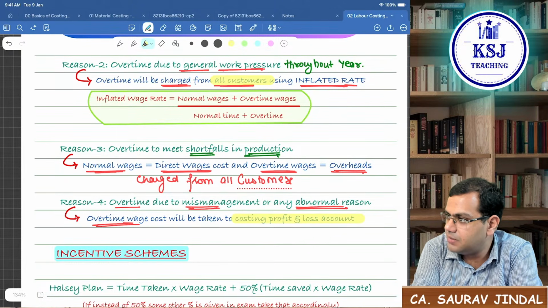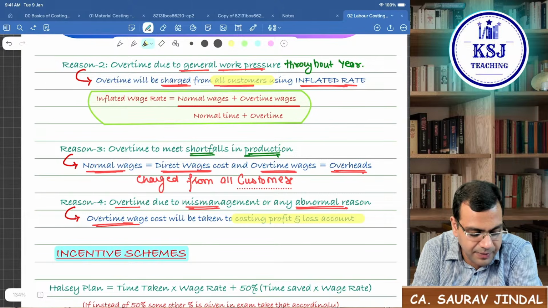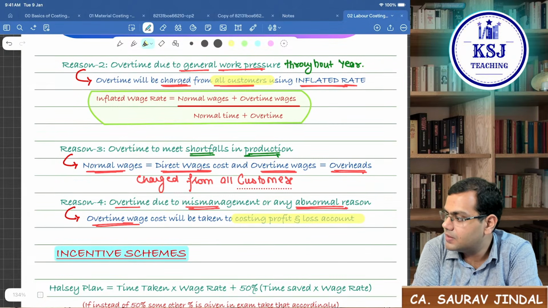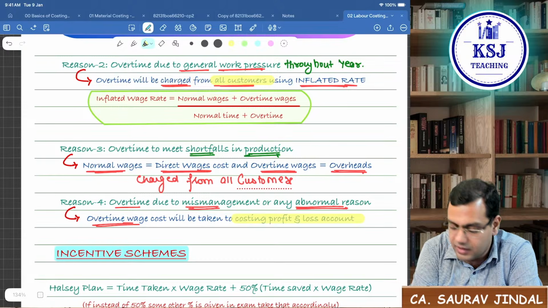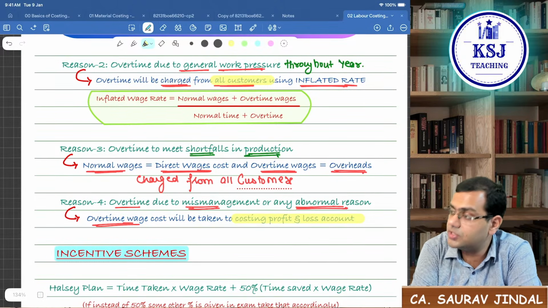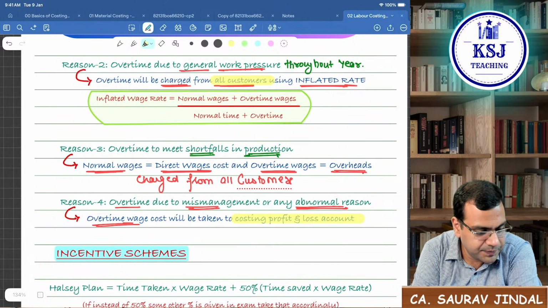Yes, please let me know if all this overtime part is clear. So today we'll try and cover all the concepts of labor costing. Tomorrow we'll do all the questions of labor costing. Right, we'll try to finish off the labor costing tomorrow first half.